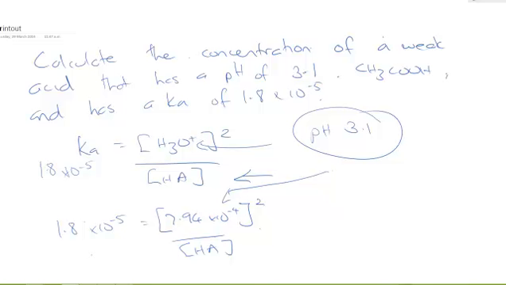So 7.94 times 10 to the negative 4 squared equals 6.3 times 10 to the negative 7 over [HA] equals Ka. So if I effectively swap those two around, I'll be able to do the calculation.